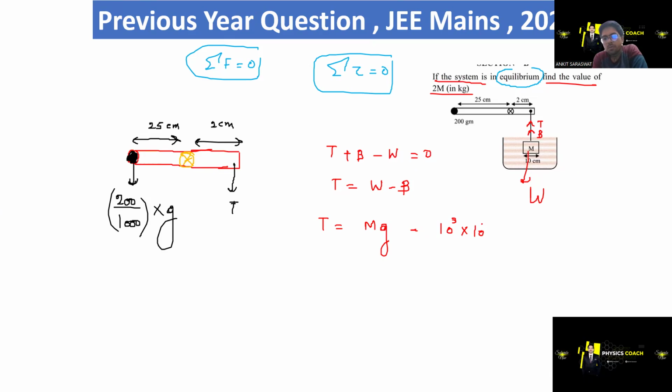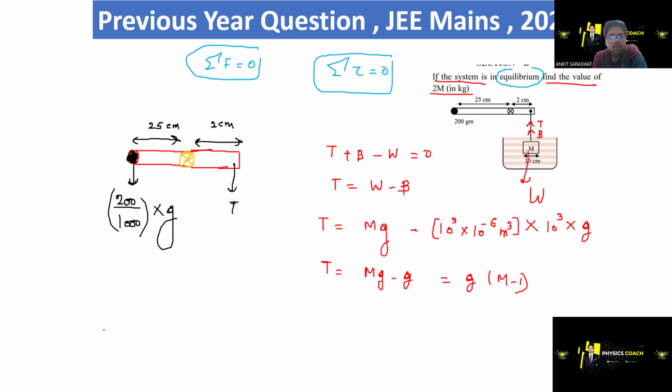Convert into meter cube. Volume multiplied by the density of the fluid, in which liquid this solid is immersed. That is water. Into g. So we got mg minus that, so I can write g(m minus 1).